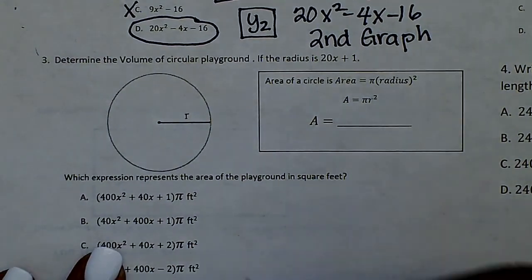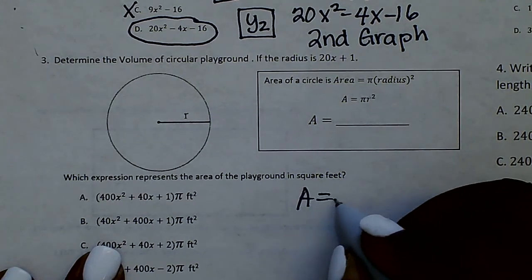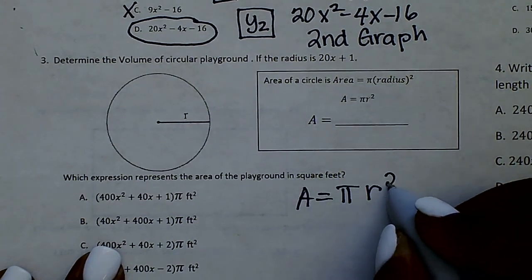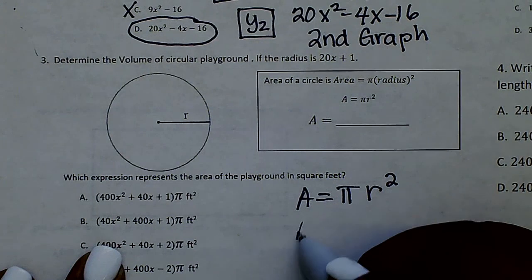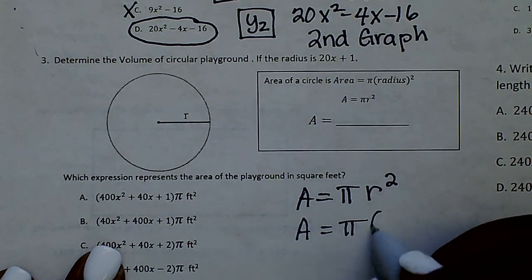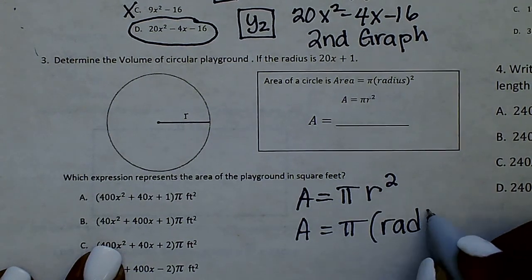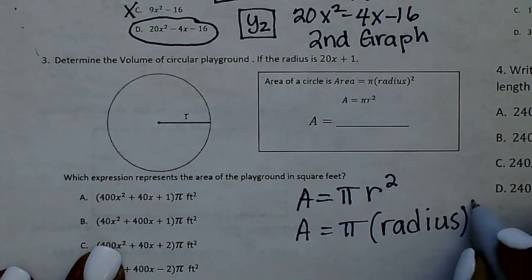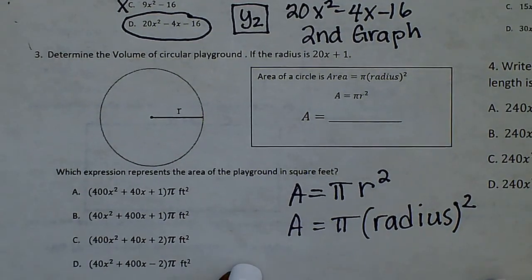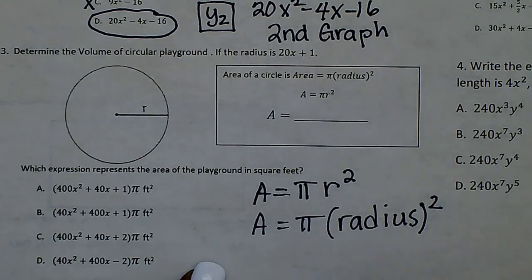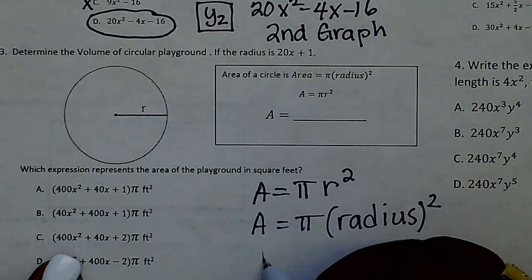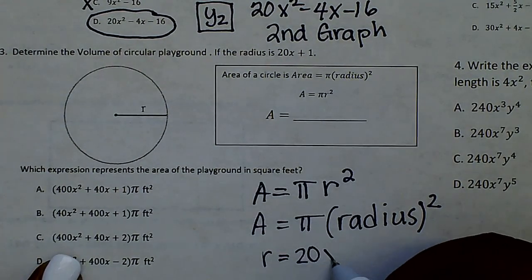The formula for a circle is A equals pi r squared, where r is the radius. This one, you're given the radius is equal to 20x plus 1.